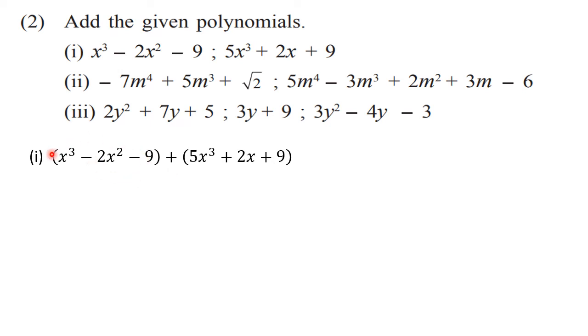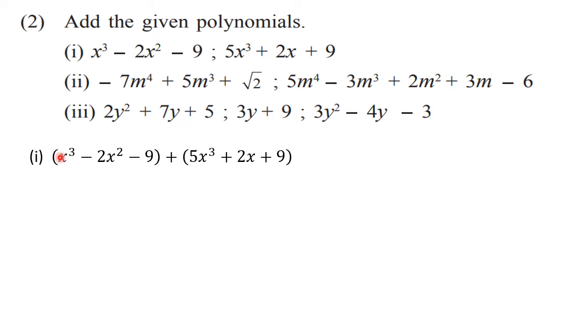So the first polynomial in the first bracket, x cube minus 2x square minus 9, then a plus sign, and the second polynomial in the second bracket, that is 5x cube plus 2x plus 9. Okay. After this, in the next step we have to write down all the terms in proper order, that means descending order of the powers.